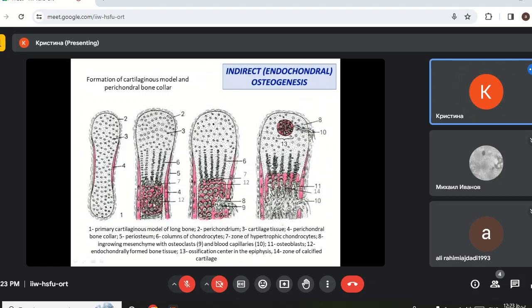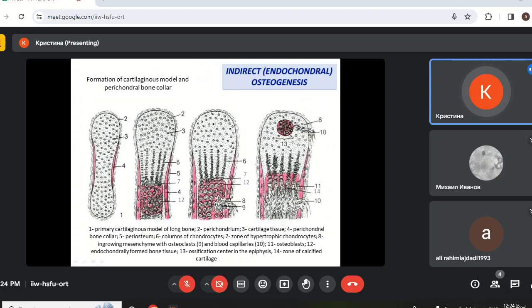Then osteoclasts, which go from blood capillaries, break down some areas of the bone collar and then the calcified cartilage and make the way for blood vessels to grow inside the future bone in this area. This is how the inner cavity is formed.